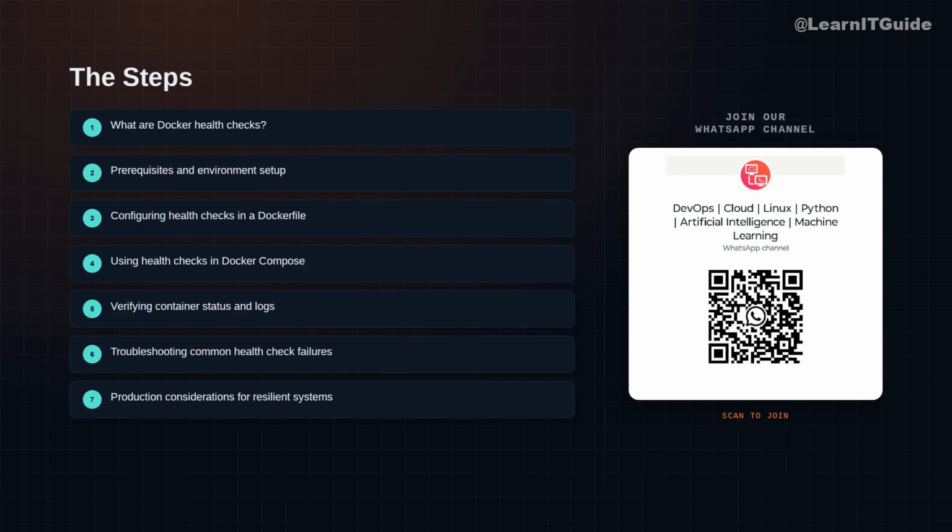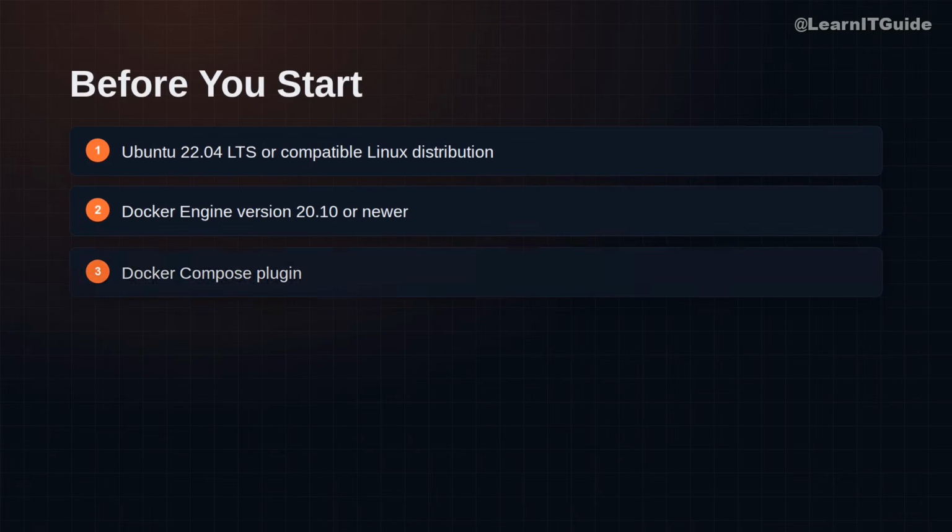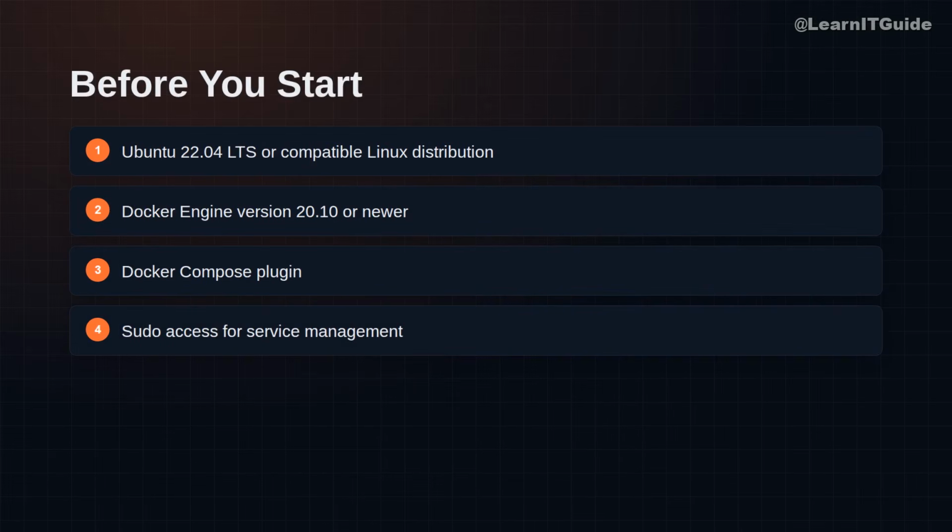Let us get started. To follow along, you need a few things. First, we are using Ubuntu 22.04 LTS. Docker is a platform that wraps your software in a virtual box called a container, and Docker Engine is the core background service that manages them. You need version 20.10 or newer to use the native health check features.